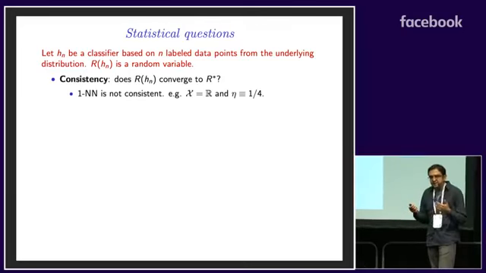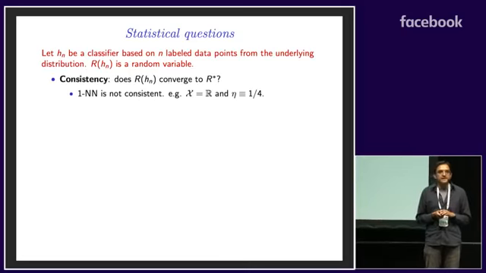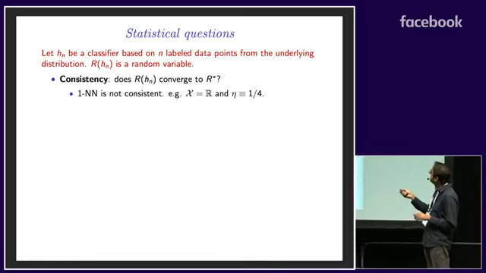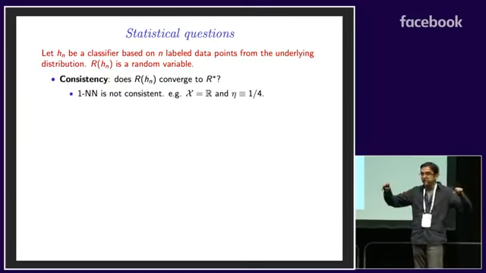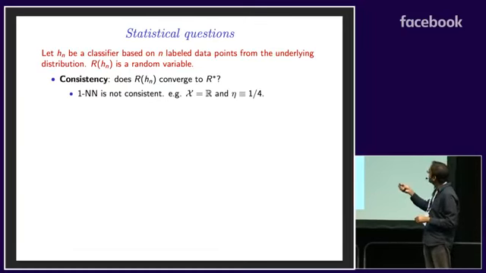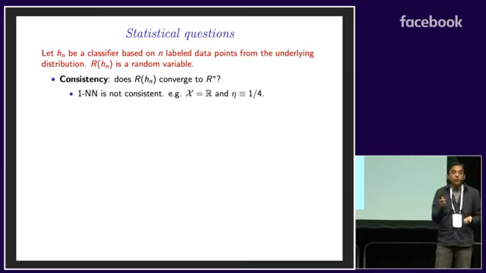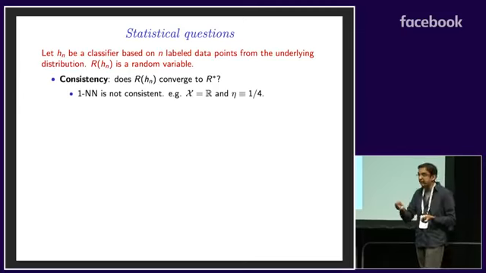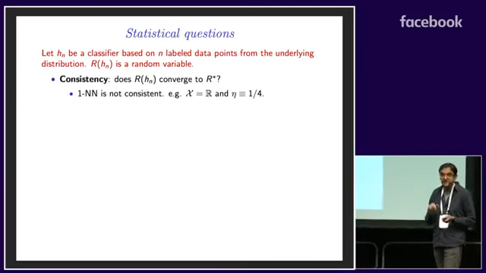The first basic fact about nearest neighbor is that one nearest neighbor is not consistent. Here's an example. Let's say the data lie on the line, so x is R, and the label at any point is a coin flip: with probability a quarter it's 1, with probability 3/4 it's 0.